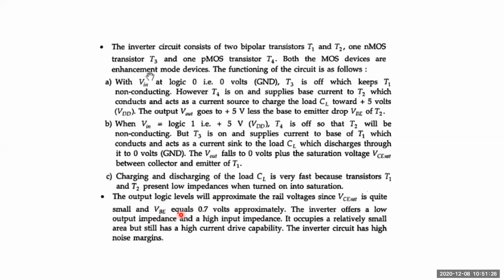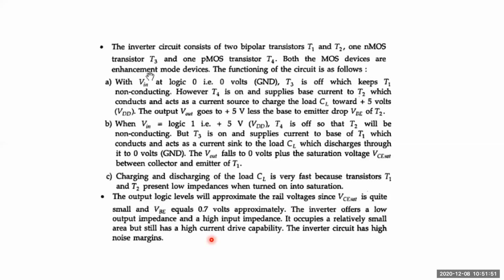Whenever the BJT's base voltage VB is equal to 0.7, then in our case, the inverter will have a low output impedance and a very high input impedance. Because of that reason, it occupies a relatively small area, but still has very high driving capability, current driving capability.